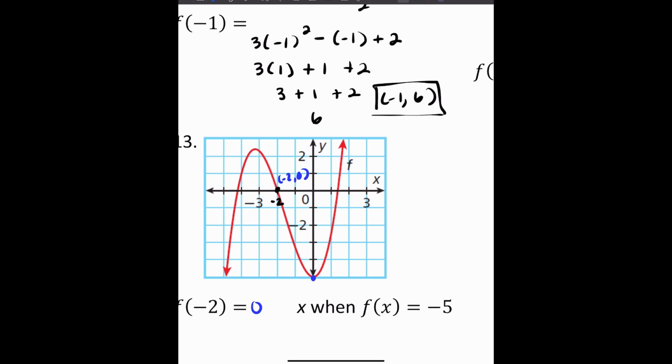So what is the associated x value? That would be, if I draw a line above this time to reach the x-axis, that would be at 0. So this point here is 0, -5. And this is our x value. So x equals 0.